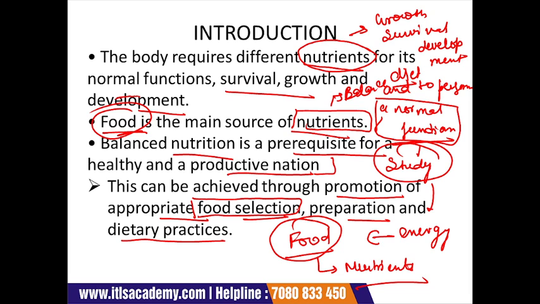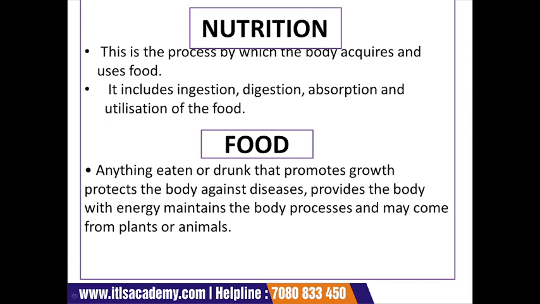After selecting the proper food, we have to prepare it in such a manner that it does not contain any type of hazard. How we detect this will be discussed later. Now come to the next slide.